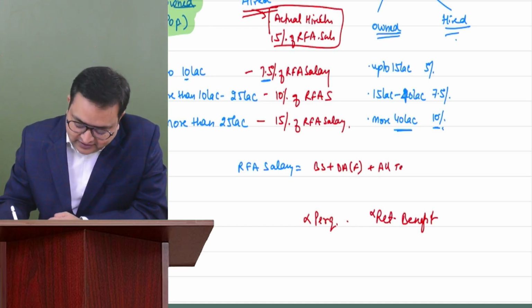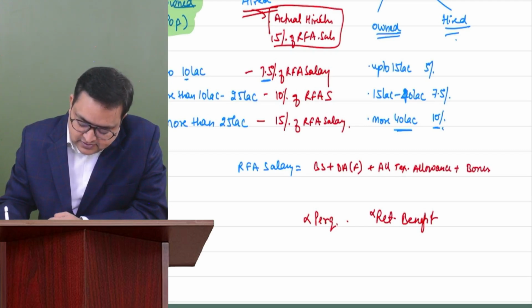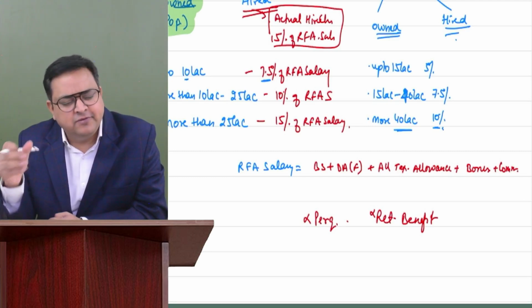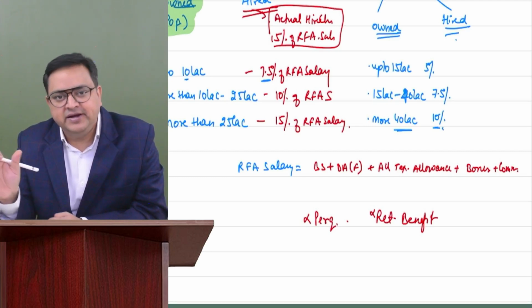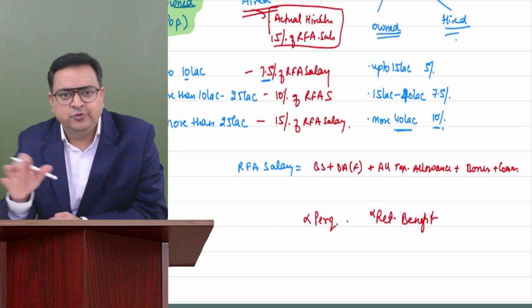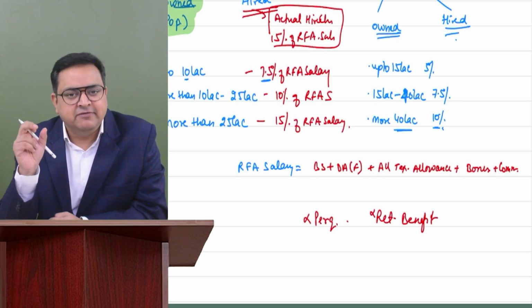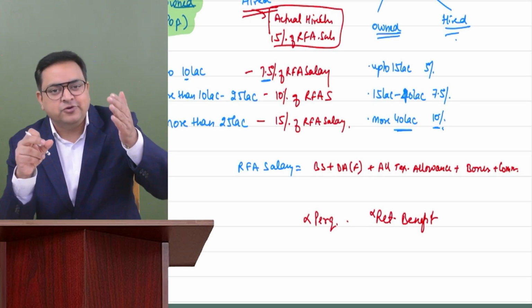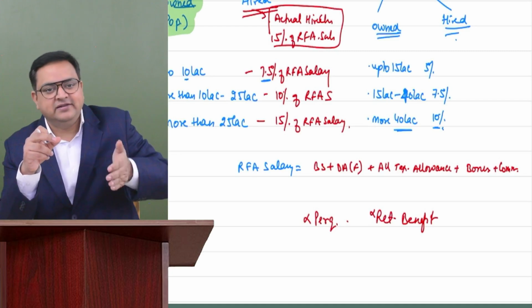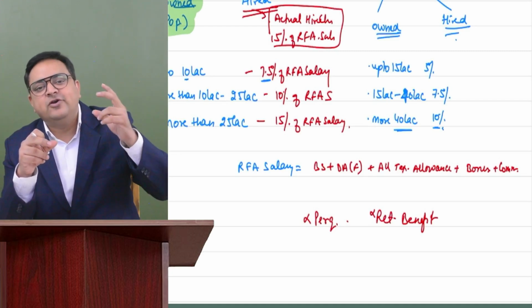So all taxable allowances plus bonus plus commission. Any type of commission, whether it is based on turnover or not based on turnover, doesn't matter, you have to include it. Generally, I'm giving you a trick. First of all, just see your question. Once you have made the list, your list will tell you whether you have to include it or not.